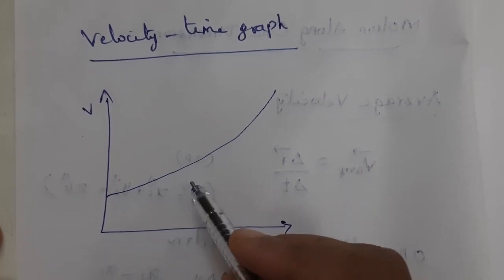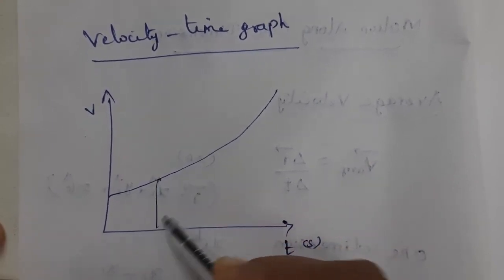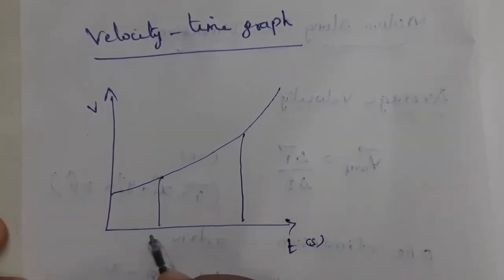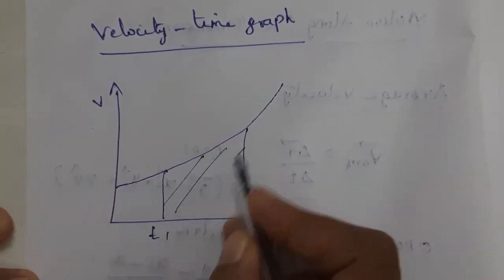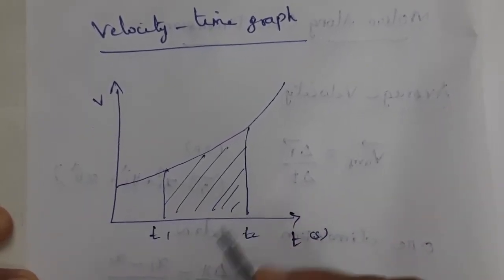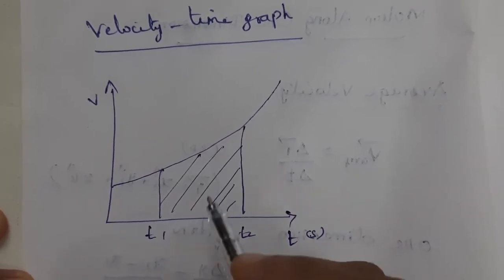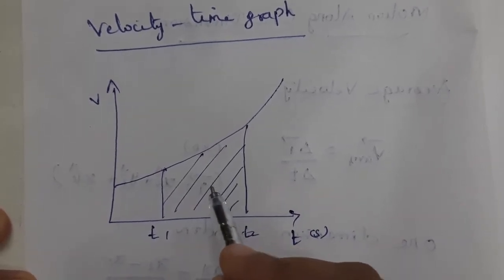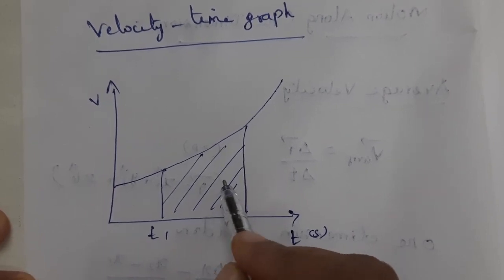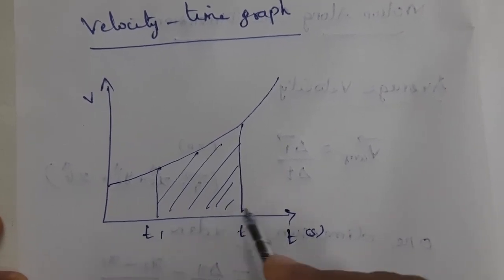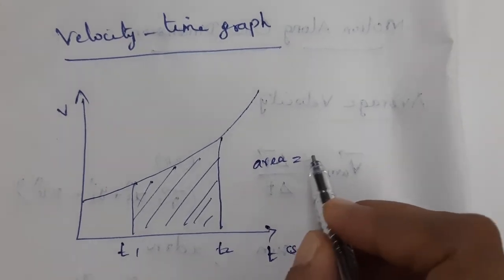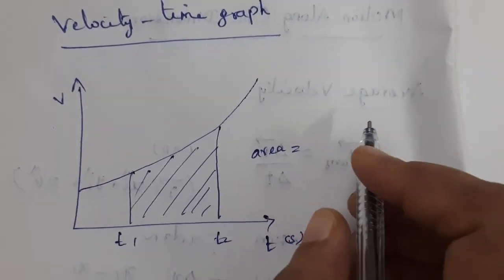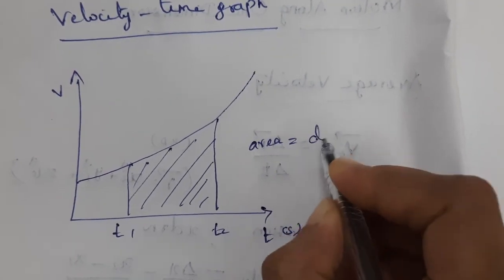That is nothing but the particular time interval. That is, this is t1 and t2 means the area under this curve is giving the displacement. Area under the curve will give the displacement travelled by the particle from time t1 to t2. So area under this curve is equal to the displacement.